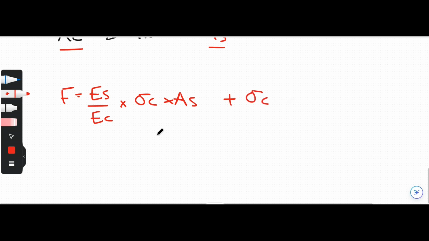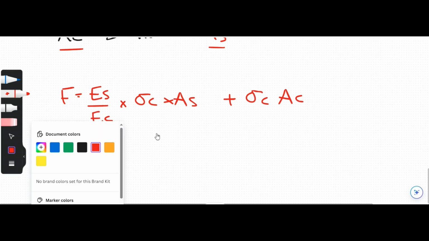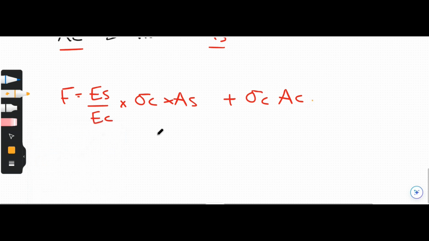So here's my formula. F equals Young's modulus of the steel over Young's modulus of the concrete, times stress in the concrete, times the area of the steel, which I know, plus stress in the concrete times the area of the concrete. So I'm going to put in my numbers. I've got 5,000, because that's my force, equals 250 divided by 12.